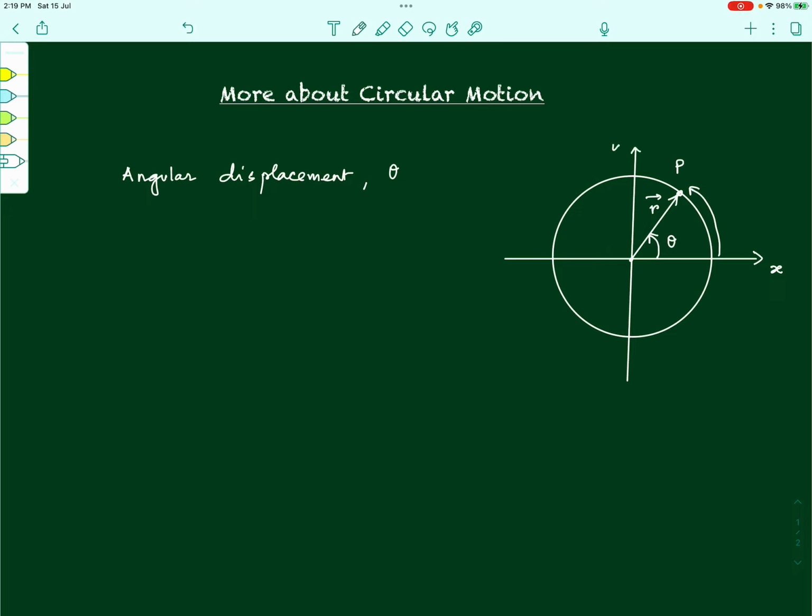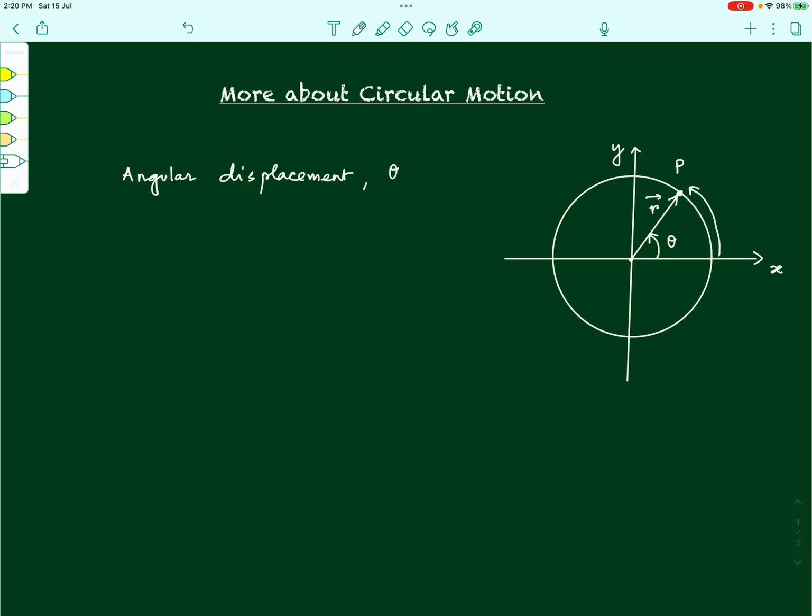Now, we say that there is a direction that we associate with this angle theta. As we see that this angle theta is measured anti-clockwise, that is the way of measuring it, but the direction that we relate with it lies in a direction perpendicular to the plane in which theta is contained.